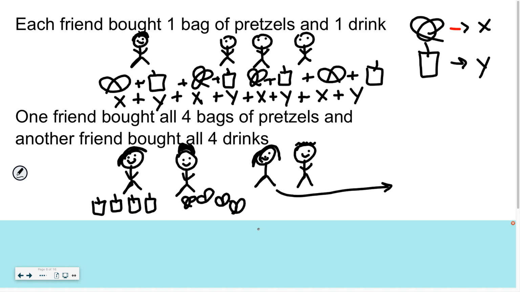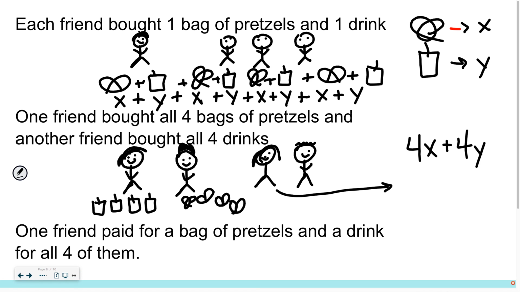What did Brian buy? All the pretzels. How many? 4. So how can I represent 4 bags of pretzels? And what did I buy? All the drinks. How can I represent the drinks? 4y. Will I, if I add up everything, still get the total of everything? Yes.